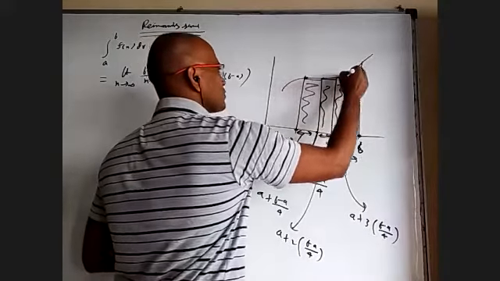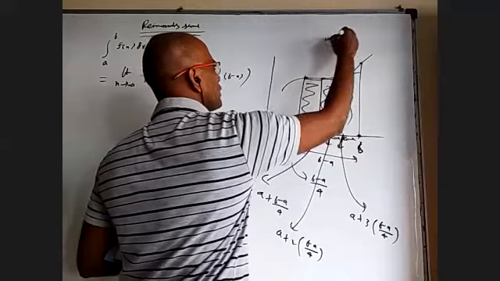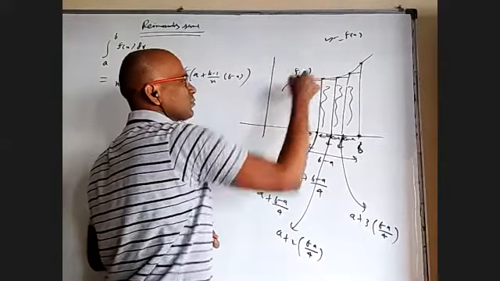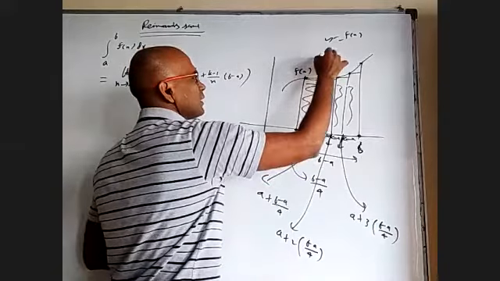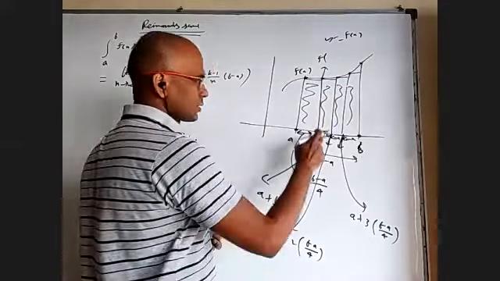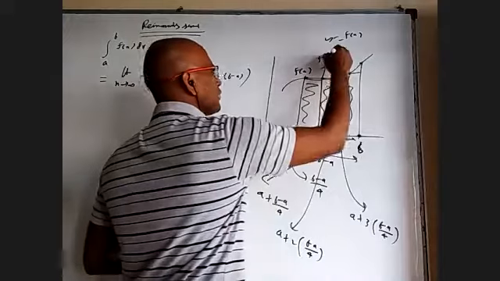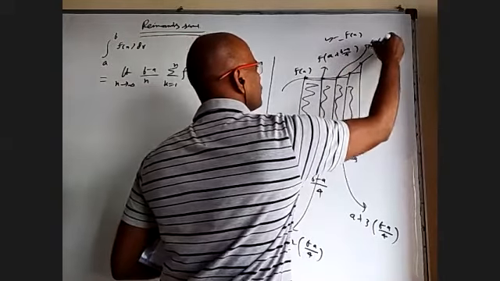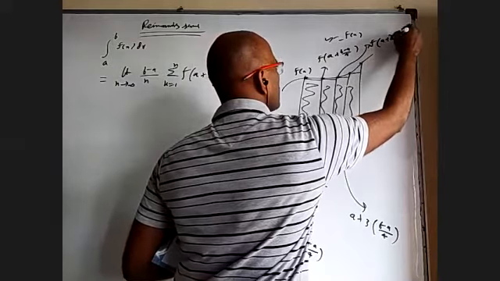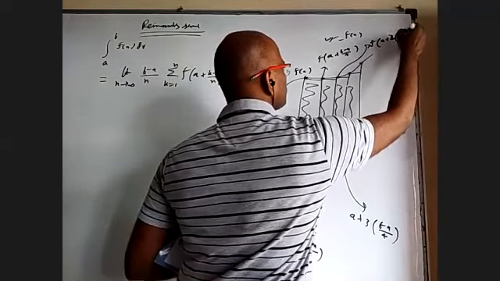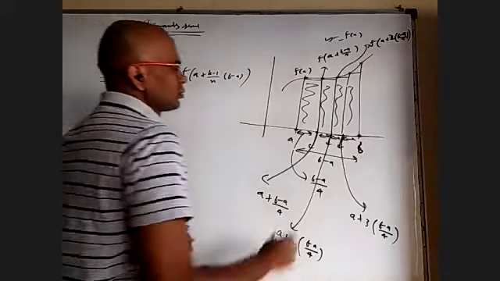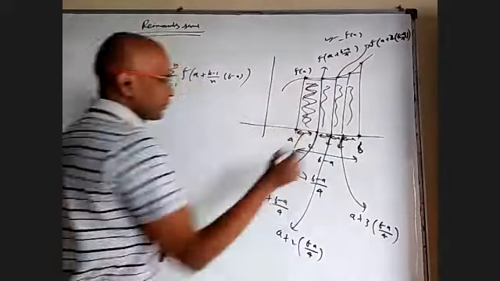Y coordinates. If I take the curve y equal to f of x, because the x coordinate is A, this y coordinate is f of A. This y coordinate will be f of a plus b minus a by 4. This would be f of a plus 2 times b minus a by 4.